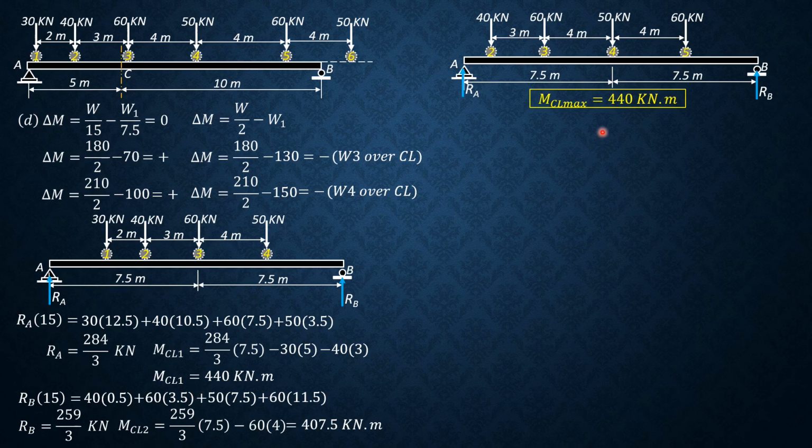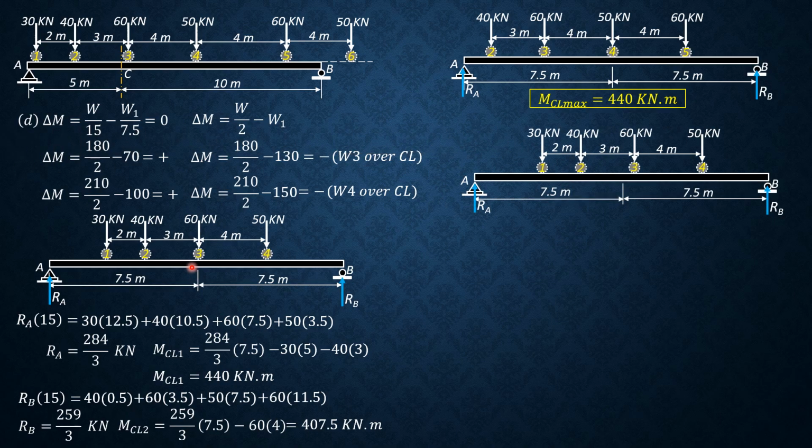For absolute maximum moment, we already know that it occurs under load 3 if it is close to the center line. So let's have this situation. So this is load 3 and the resultant should be somewhere here, so that midway between them is the center line of the beam. That's the principle.